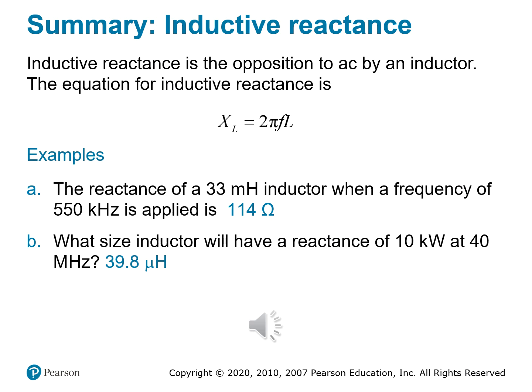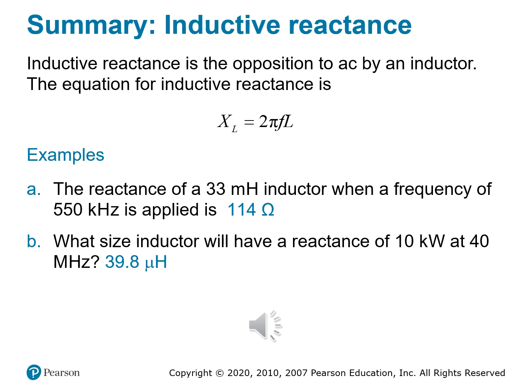X sub L equals 2 times pi times 550 kilohertz times 33 millihenries, and you should get 114 ohms. So that inductor behaves like a 114 ohm resistor at 550 kilohertz, but only for AC. It would be nearly 0 ohms if we were using DC.